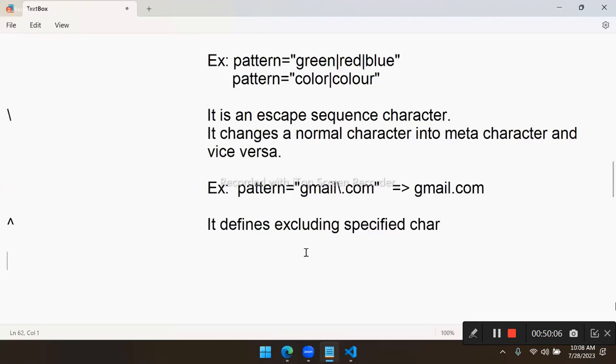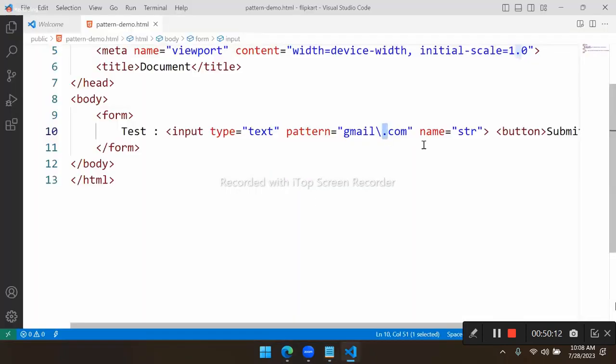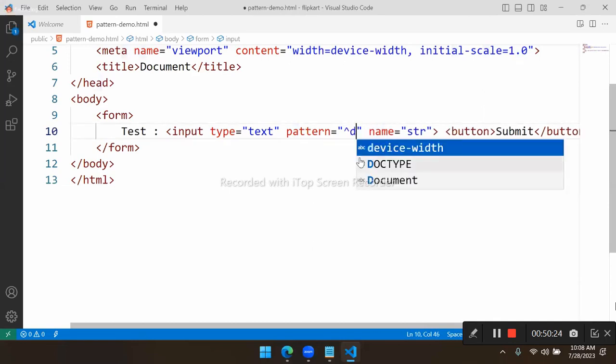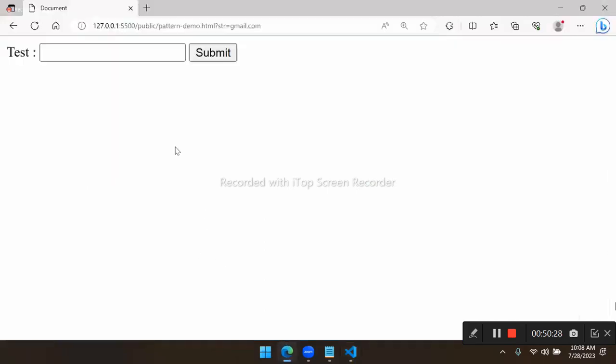Suppose we are typing here in the pattern. I write the exponent and define A, or the exponent and define some D, like this. Now I type D and submit. It's submitting.